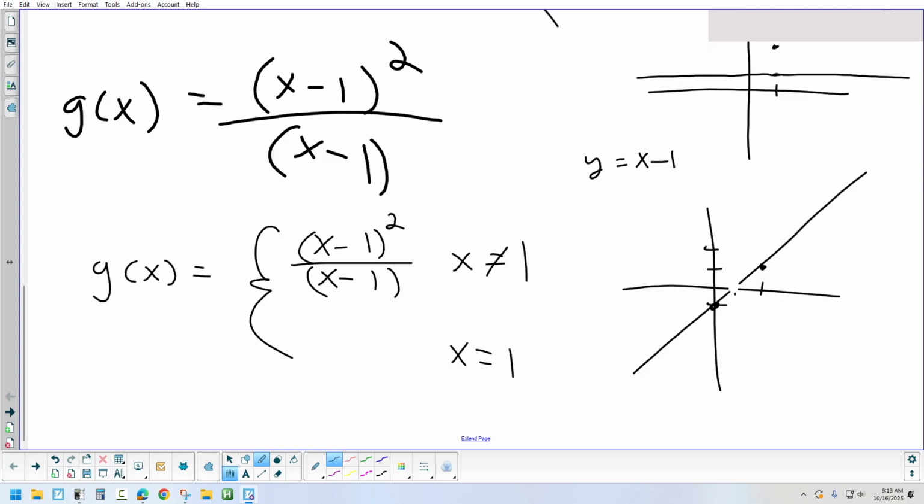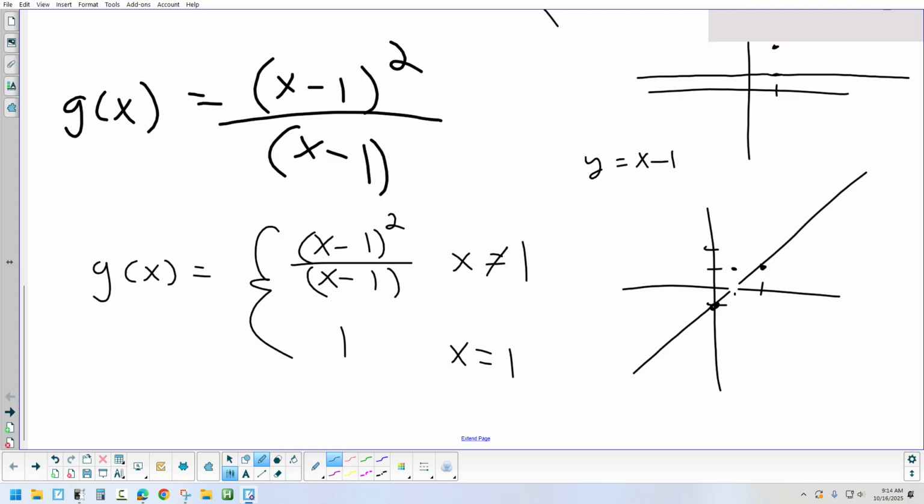Well, just pick a number and we'll try it. 1. Okay, so when x is 1, let's try 1. So I use that line for the top piece, and when x is 1, I graph 1. Okay, so did we fill in the hole and make it continuous?